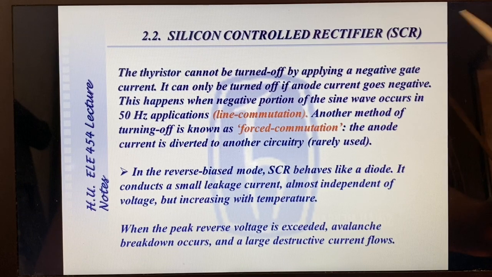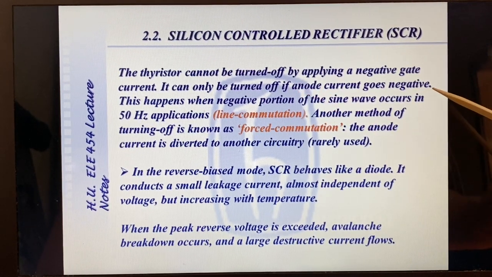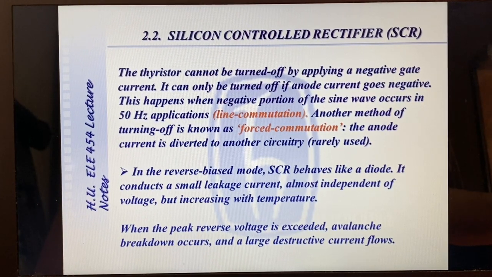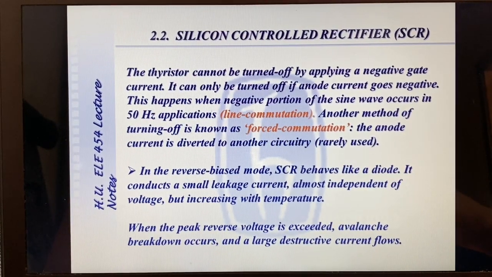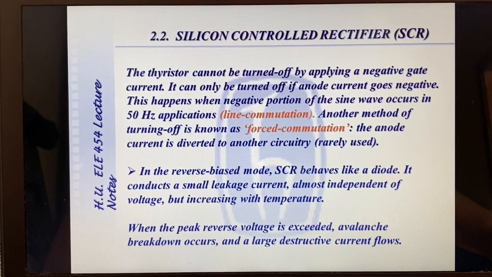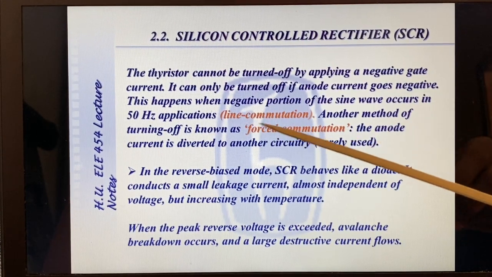We said that the thyristor cannot be turned off by applying a negative gate current. It can be turned off if the anode current goes to 0 or towards negative values. This happens when the negative portion of a sine wave occurs in 50 Hz applications. Typically, when voltage ceases, the current through the device also reduces towards 0, and hence the thyristor turns off. This is called line commutation.